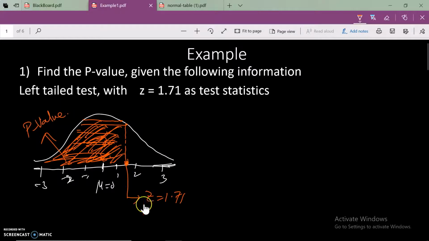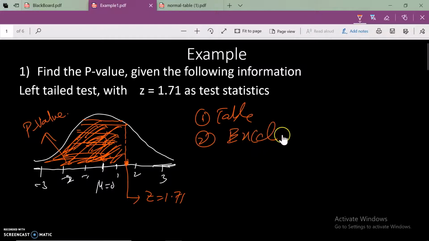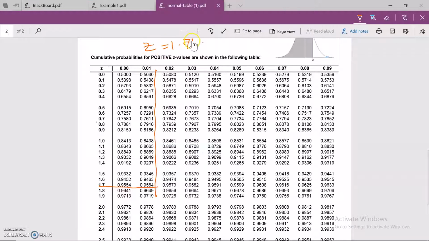Now this p-value can be found by using a table or you can use Excel. It's up to you. Let's first see how to find this via the table. Our z value is 1.71. I'm going to look for 1.7 in the extreme left column and 0.01 in the top row.